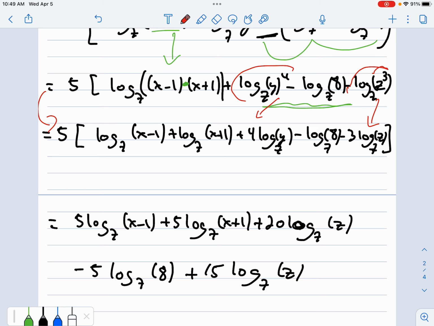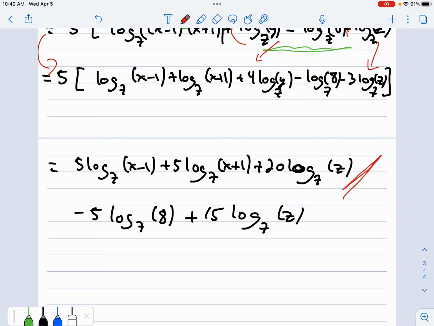Is there anything else that can be done? Not much. We can distribute the 5, which is what I did in this step. Everything gets a 5 in front of it, and you have our answer. Usually that's the case, that you have a number in front of parentheses, like we do here. You distribute that number, and your final answer has the number distributed.